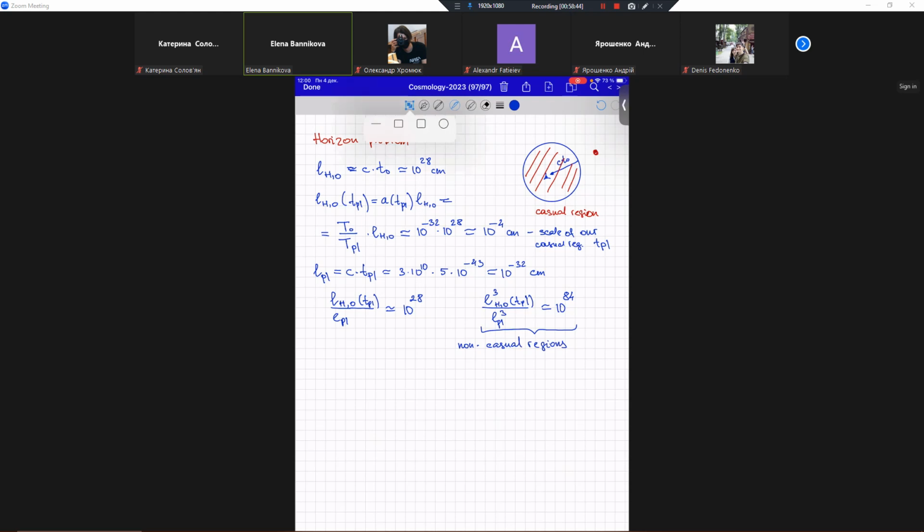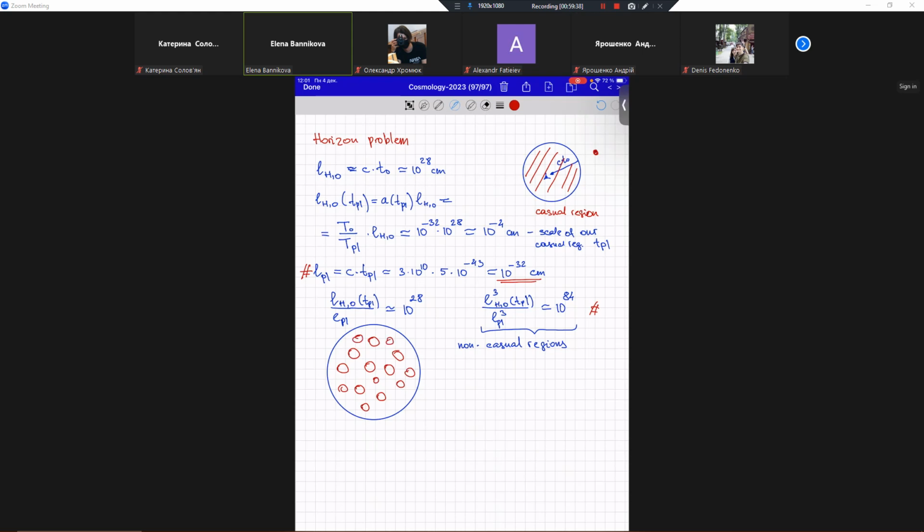Schematically, this is the scale of our causal region for the Planck scale. But inside this region, since we have the cosmological horizon, we have many smallest regions which can't connect with each other.